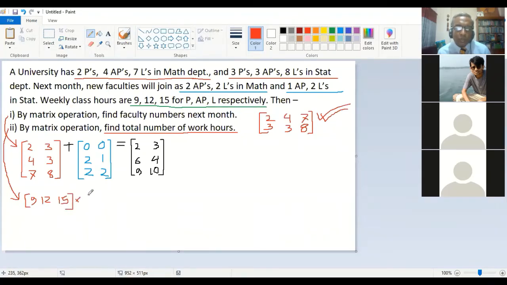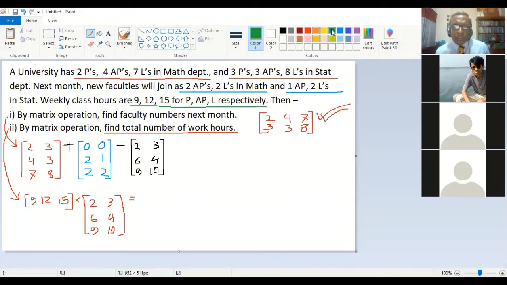We will multiply this matrix by the quantity matrix, which is 2, 3, 6, 4, and 9, 10. Now you can do the calculation. The multiplication is not a big deal. It is very simple.